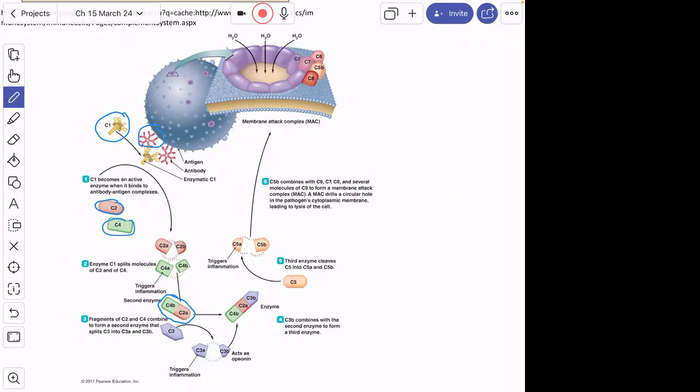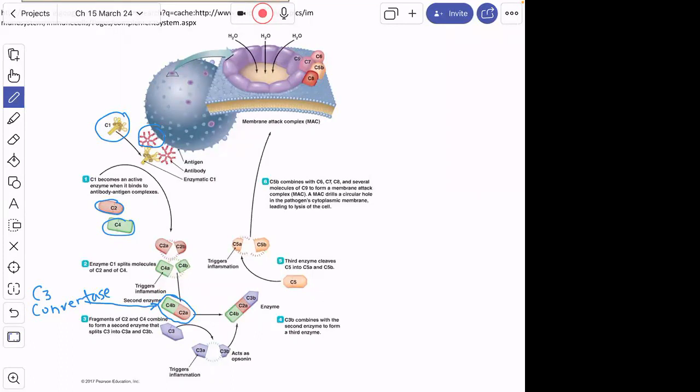It's one of the C4s and one of the C2s. But that molecule is important enough that we give it another name. We call it C3 convertase. Okay, because it splits C3. All right, so we got a lot of splitting.